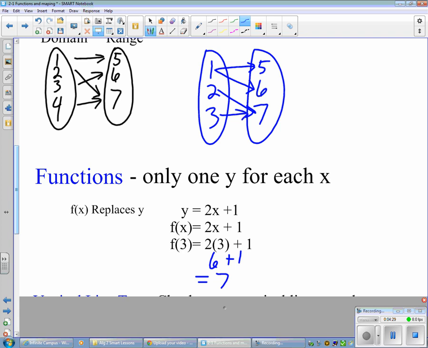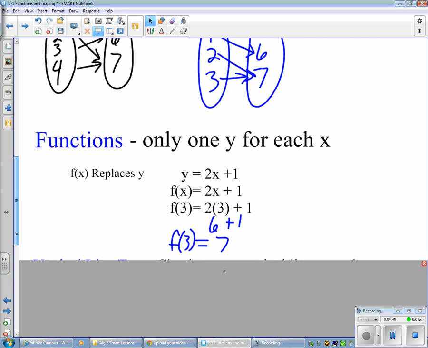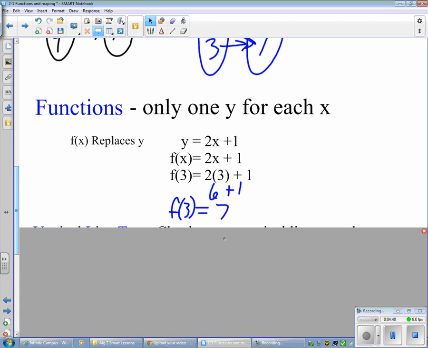So f of 3 equals 7. What's nice about that? I don't have just simply y equals 7. I know that my y is going to be 7, but I also know that it's 7 when x was 3. So it's a nice way to show what you started with, especially if you have a lot to list.